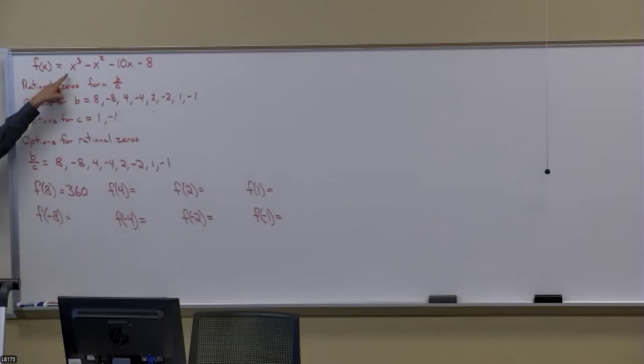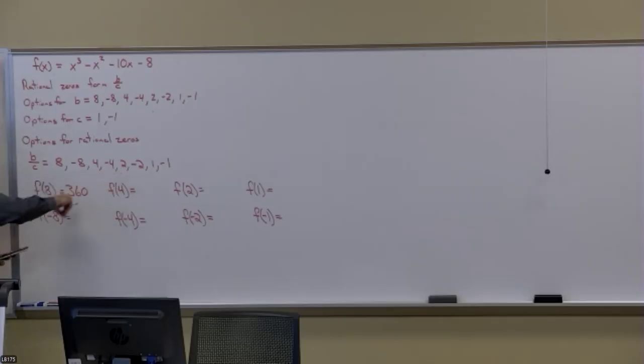Are we okay with that? Look at an 8. By the way, that means 8 is not a 0, right? When the x value is 8, we're very far away from the x-axis. 8 is not a 0. Let's check 4.